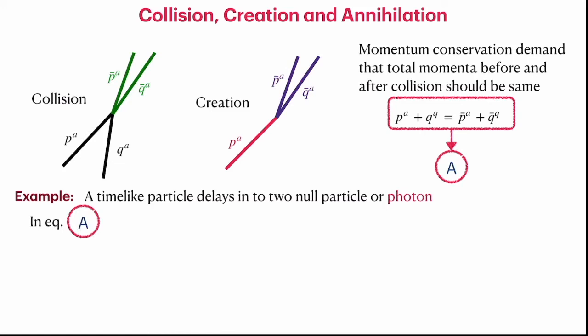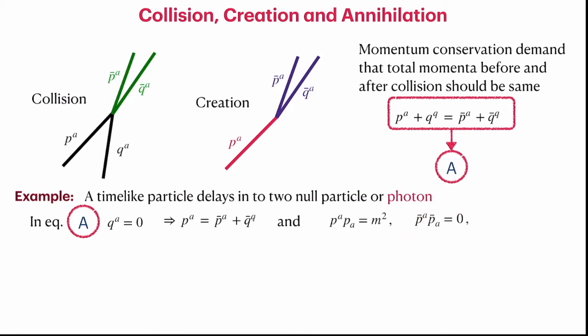If we apply this to the momentum balance equation, we put Q^A equal to 0 because we don't have the second particle, and the momentum balance equation leads to P^A equal to P bar^A plus Q bar^A, and we have P squared equal to m square because P^A is a time-like 4 momentum, and then we have P bar squared equal to 0.